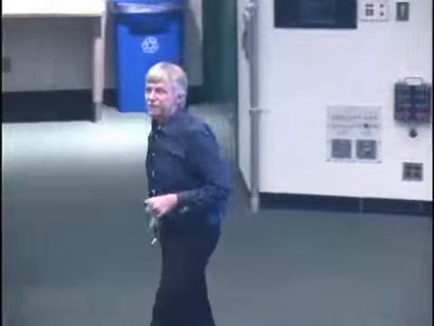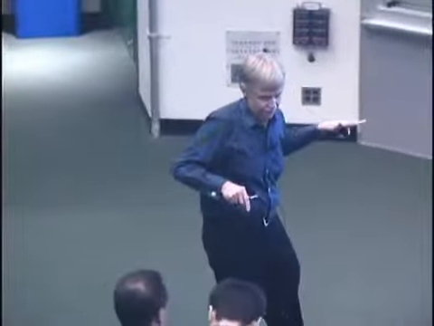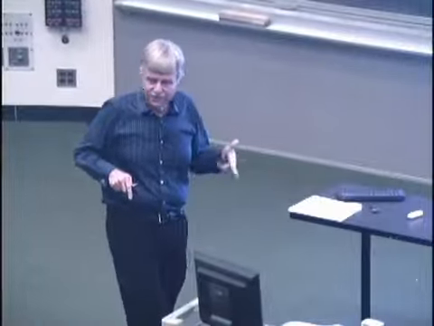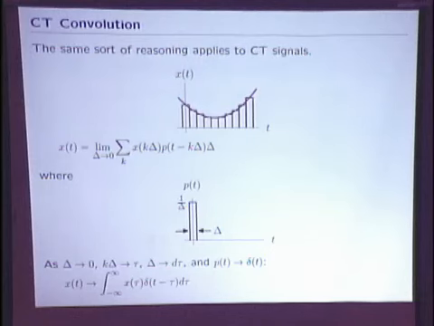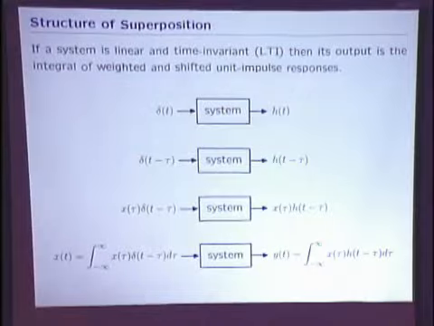Okay? The point is that the mathematics for CT and DT look very similar. I decompose, in the case of the CT, an arbitrary signal x of t into an integral of weighted unit impulse functions. Once I have it in that form, the argument's precisely the same for CT as it was in DT.